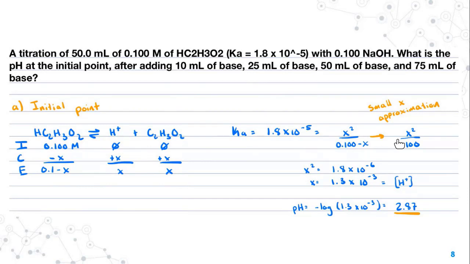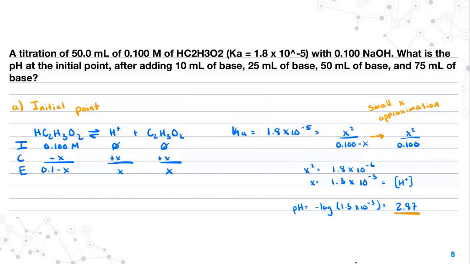So we have x squared over 0.100, and then just doing the math, you get your x value once you solve for x. That'll be your H plus concentration. Then you plug that number into the negative log, and you get your pH value.